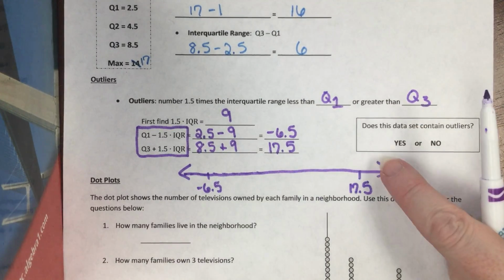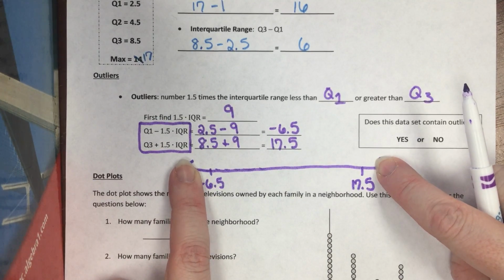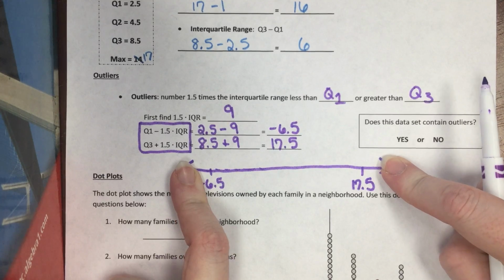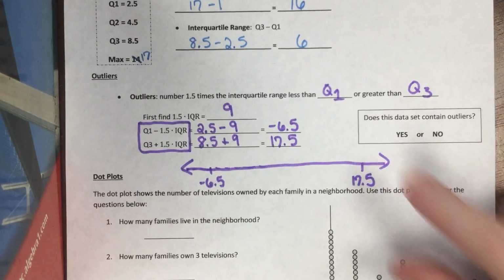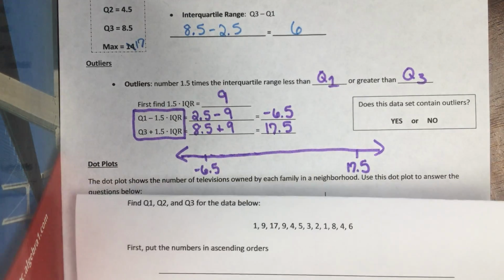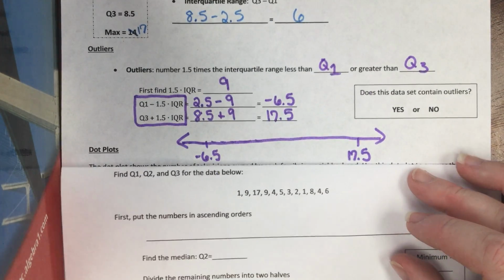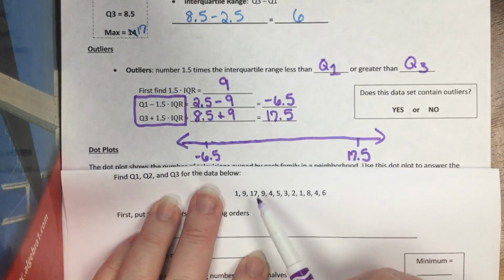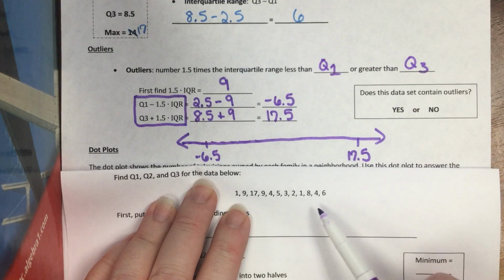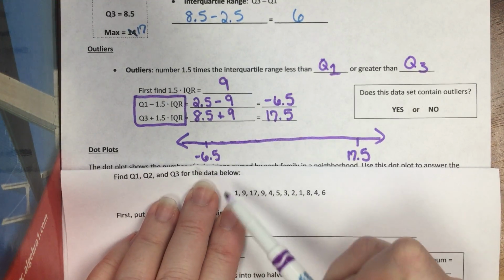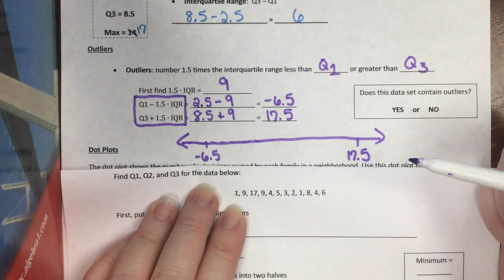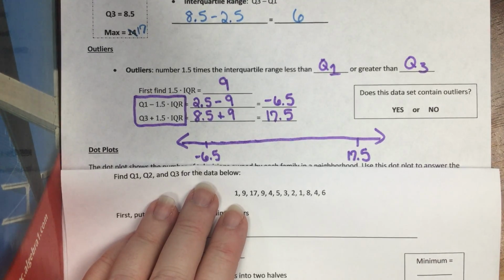And what we're looking for is, do we have any data at either end past those two numbers? If we do, then they're an outlier. If we don't, then we don't have any. So looking back at that data set from the page before, do we have any numbers that are smaller than negative 6.5? No. All right, so we don't have any outliers at the low end of the outlier fence.